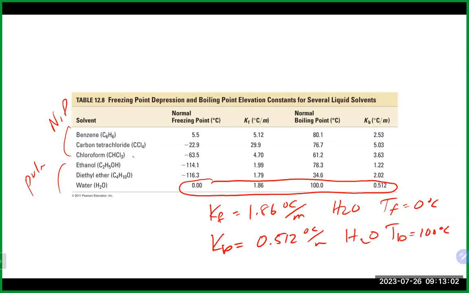But if we were using chloroform, we would have much different numbers, and even some that are negative, which makes it even more important to do the change in freezing point or change in boiling point correctly. Because if you do it incorrectly, you may be subtracting when you should be adding, or adding when you should be subtracting. Any questions on that?